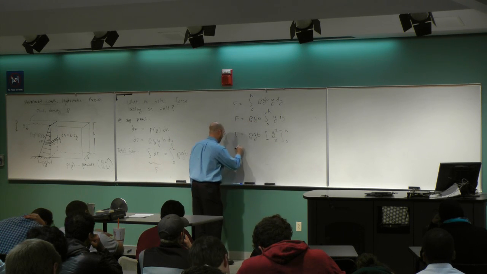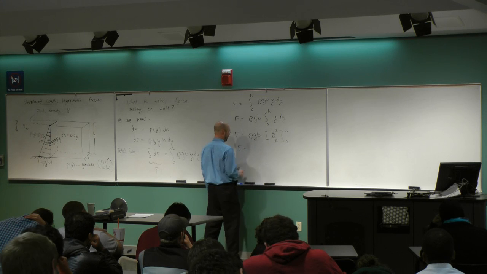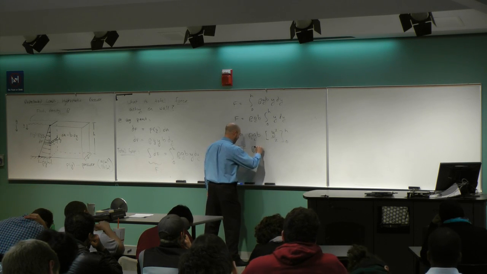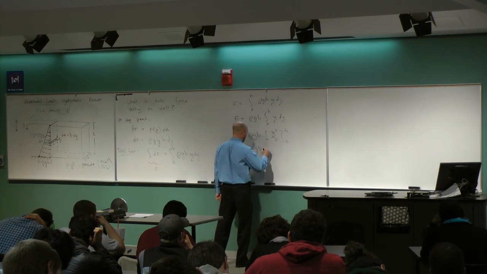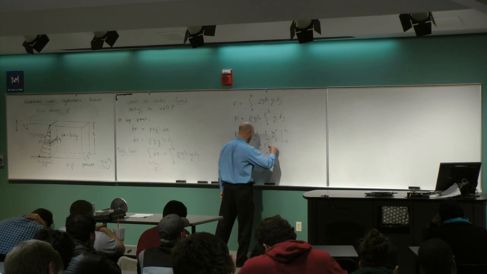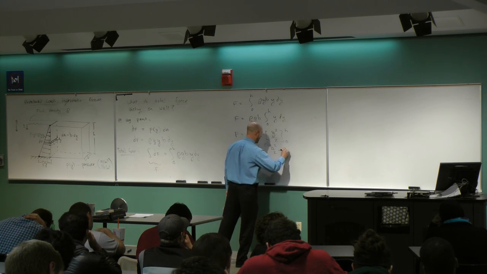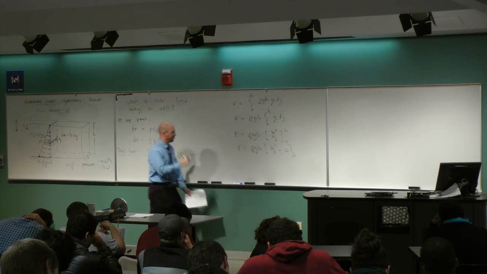So when I put those in, I get F equal to rho g b times h squared over 2 minus the bottom limit, which gives me 0.